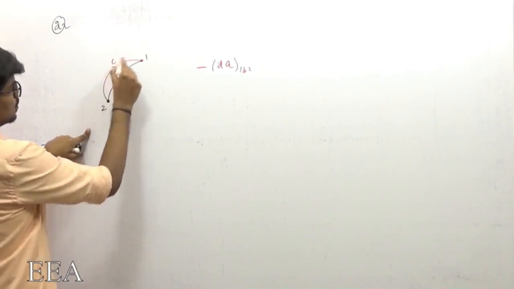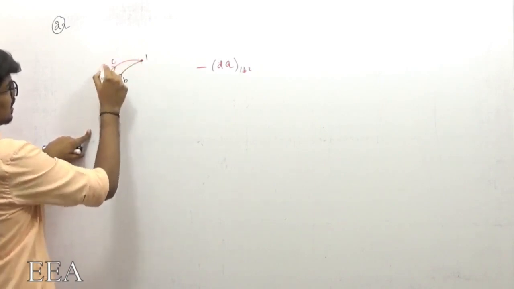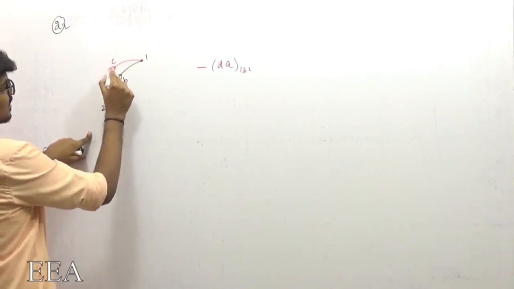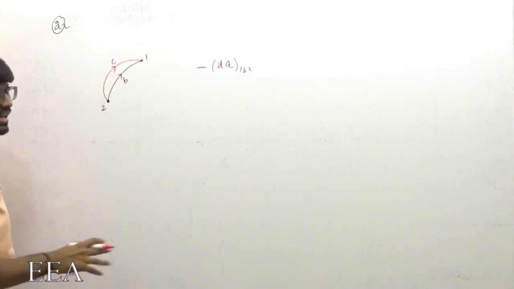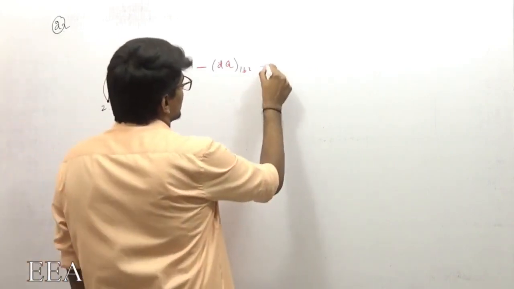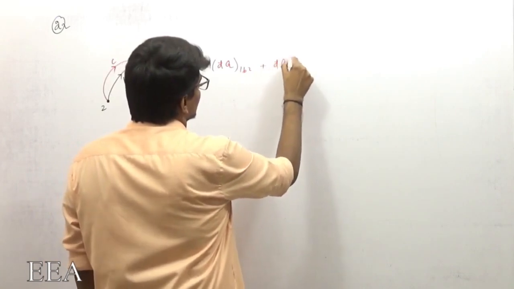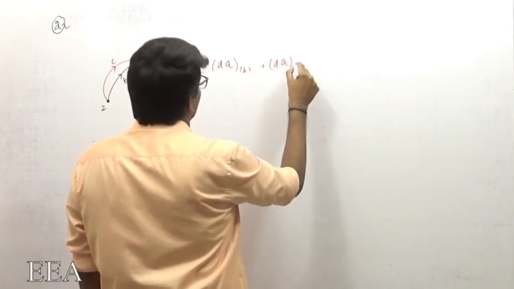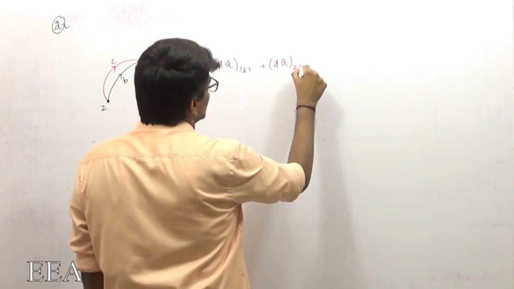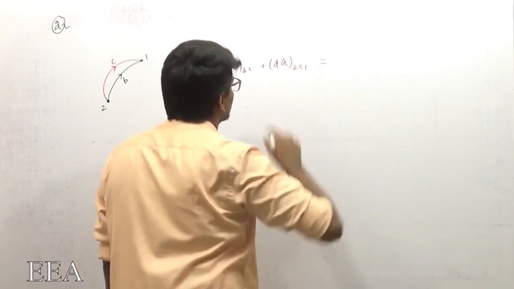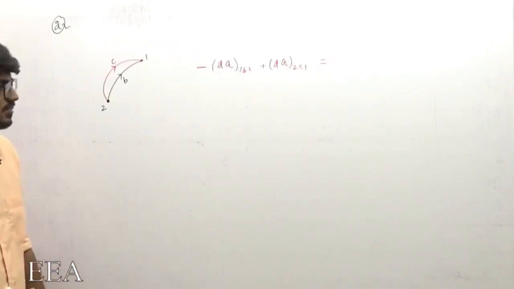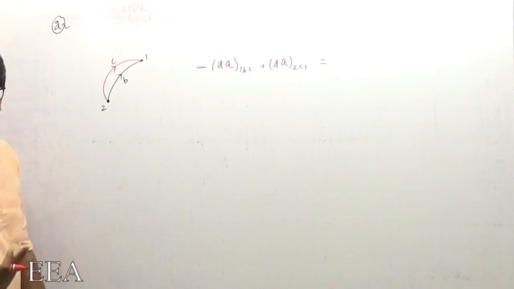Now from 2 to 1 again, the arrow mark and the way in which I am traveling, both are the same direction, so plus d dash q of 2c1, which is going to be equal to, you know that the summation of heat transfer will be equal to the summation of work transfer.